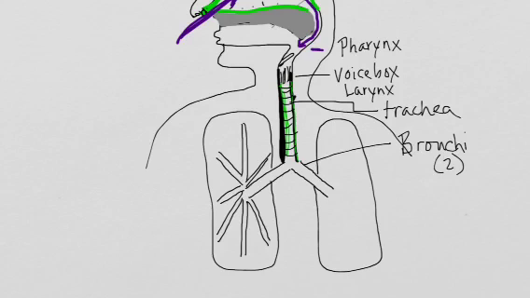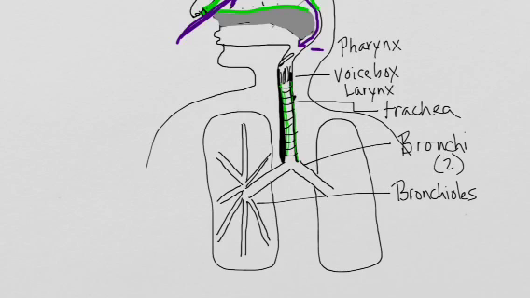It still hasn't made its way into our bloodstream or anything yet. It's still getting to all of the extremities of both lungs. I've only drawn this in one lung, but this is happening in both lungs. These guys right here are called your bronchioles, and you have many of them.